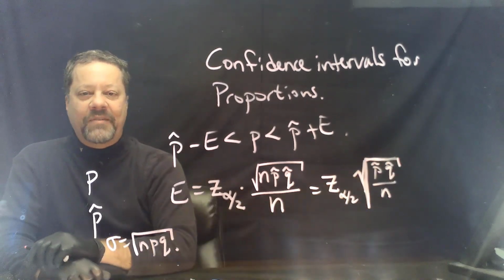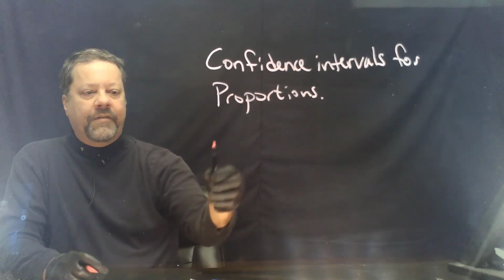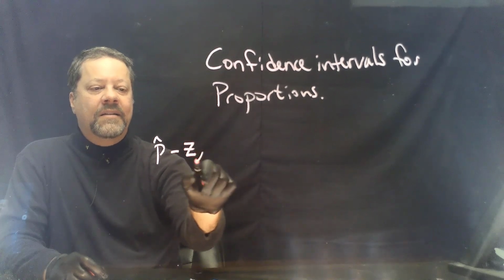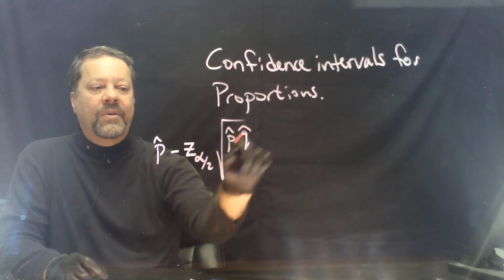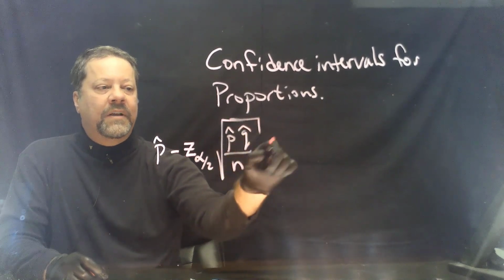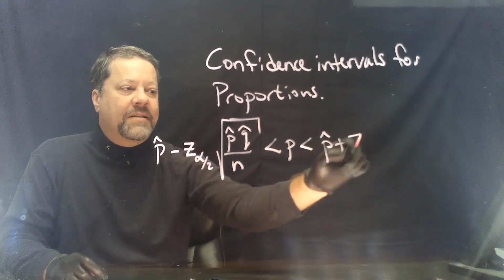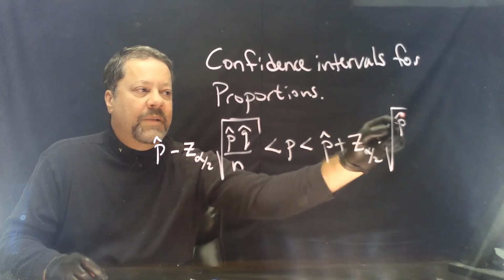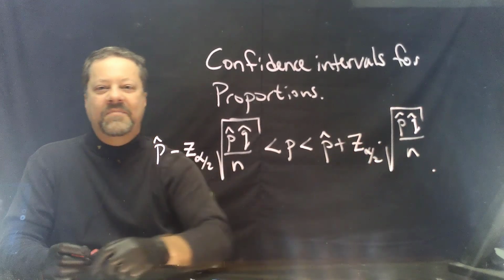That's how that simplifies. In other words, the confidence interval for proportions will be p hat minus z alpha over 2 square root of p hat q hat over n is less than p is less than p hat plus your critical z square root p hat q hat over n.